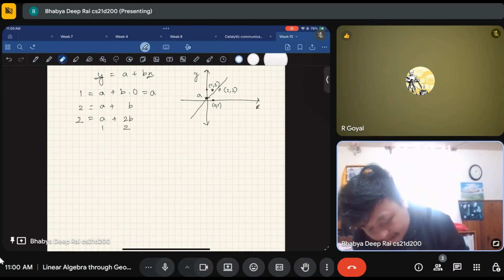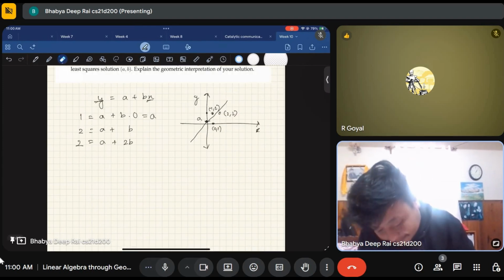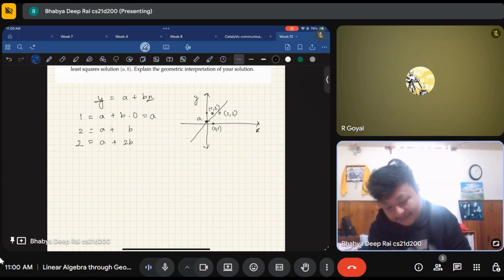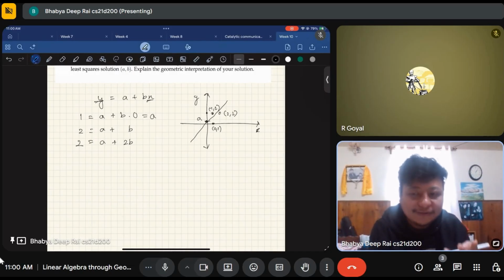Okay, good. So now let's try to write it in matrix form. What does it mean? We want to find a least squares solution for this vector.